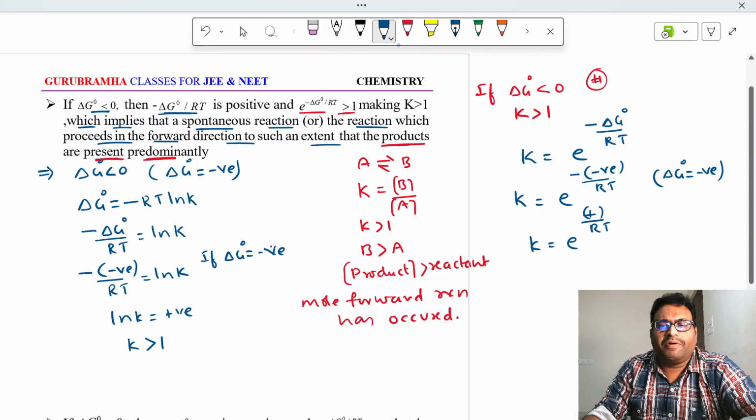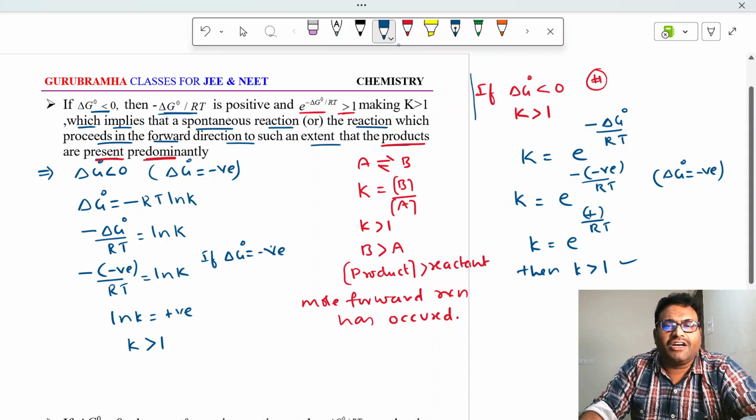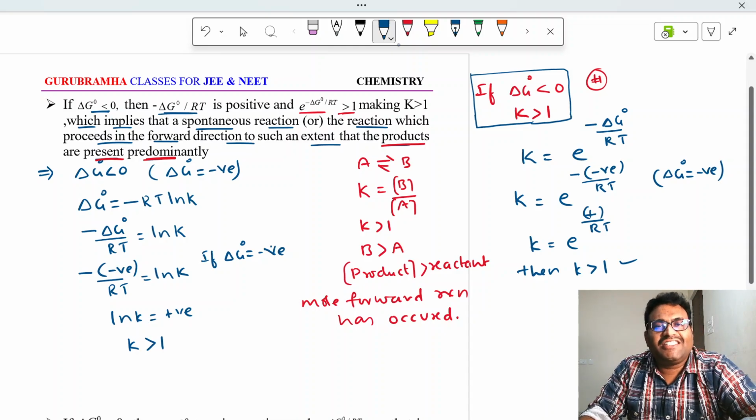So e power plus by RT gives you a positive value, and automatically K becomes greater than 1. Understood? So that is the meaning. This condition is important: if delta G naught is less than 0, negative, then K will be greater than 1.